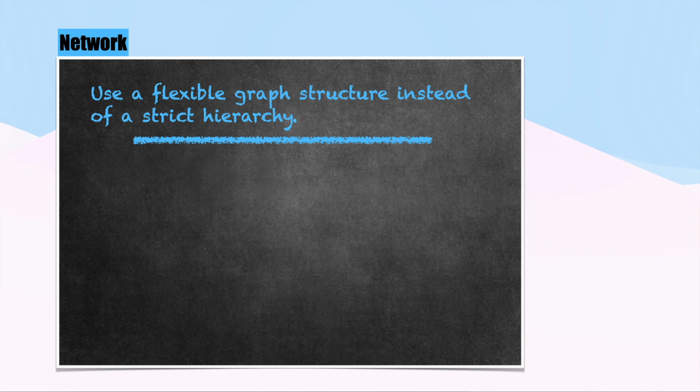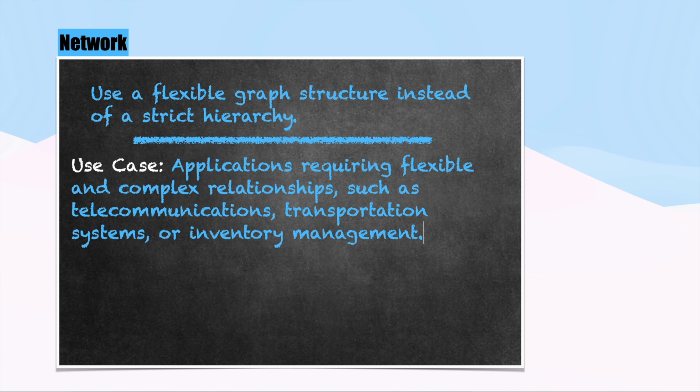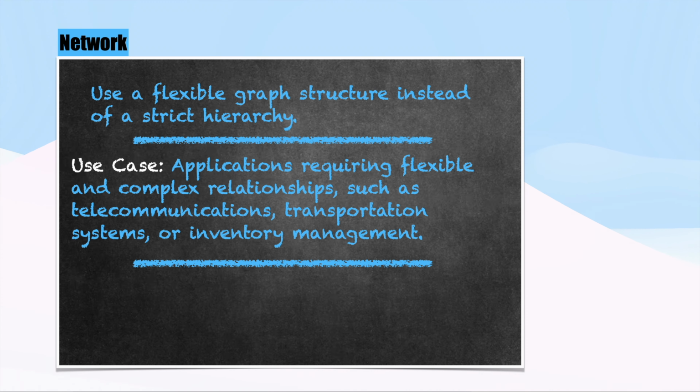Some key use cases include telecommunication systems, where multiple nodes like users, networks, and calls are all interconnected; transportation systems, where routes, stations, and connections need to be modeled dynamically; and inventory management, where products, suppliers, and warehouses are linked in multiple ways.